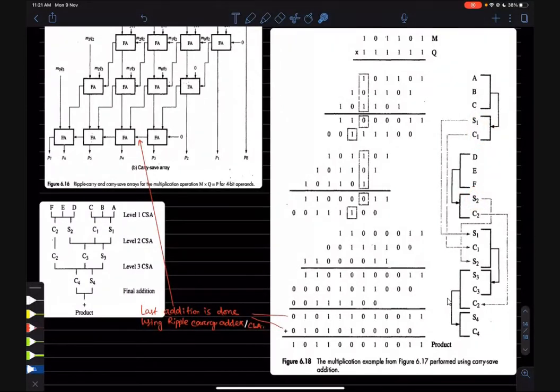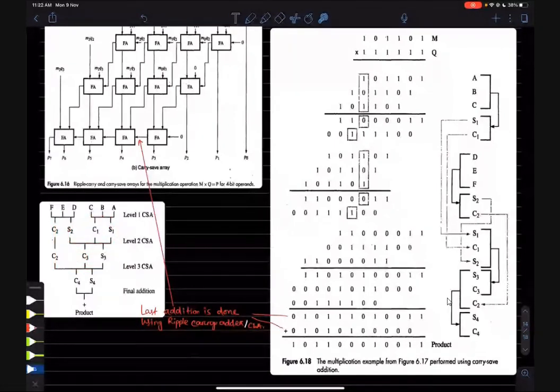This is the level 2 CSA, carry save addition. Level 2 CSA is addition of S1, C1 and S2. C2 we will add later. We will add C2 with the result we get from these.